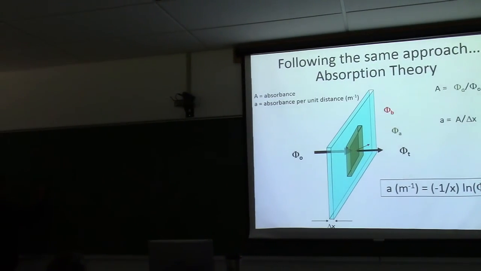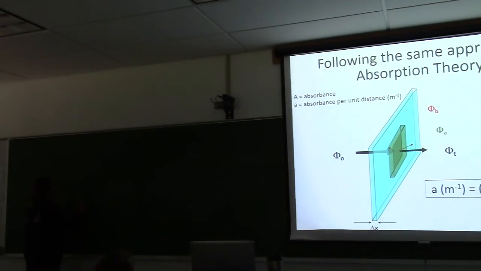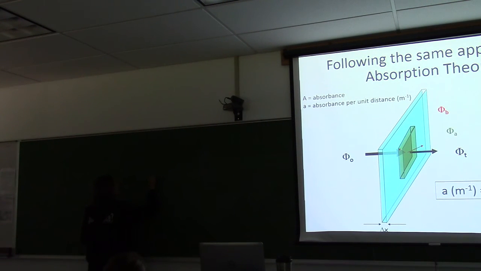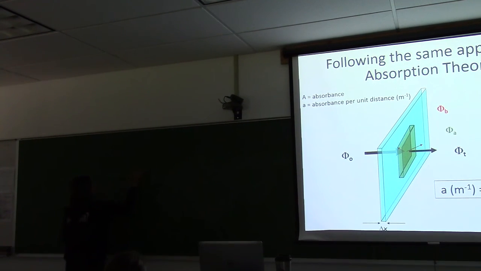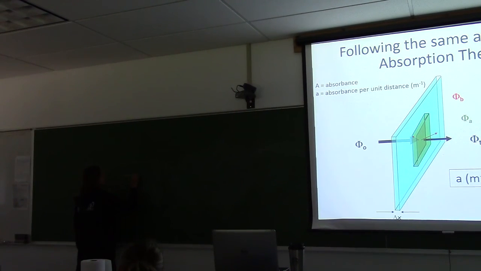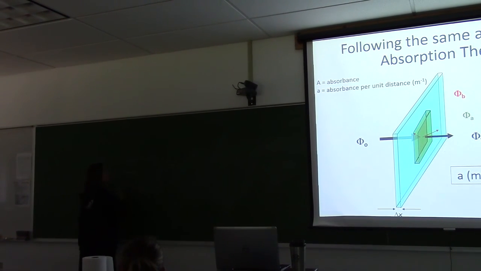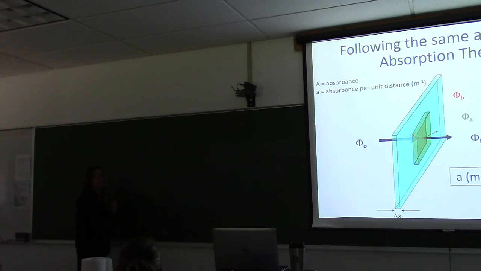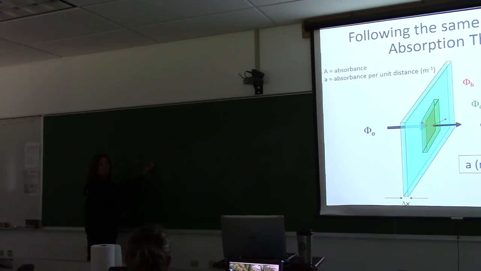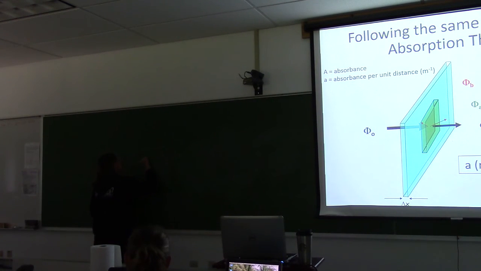If you have your incident flux and you have your transmitted, and here's your sample, if light goes in here and maybe gets absorbed so it's a little bit less coming out, when you measure the transmission, you are measuring the loss due to absorption. But what if the particle is scattered?